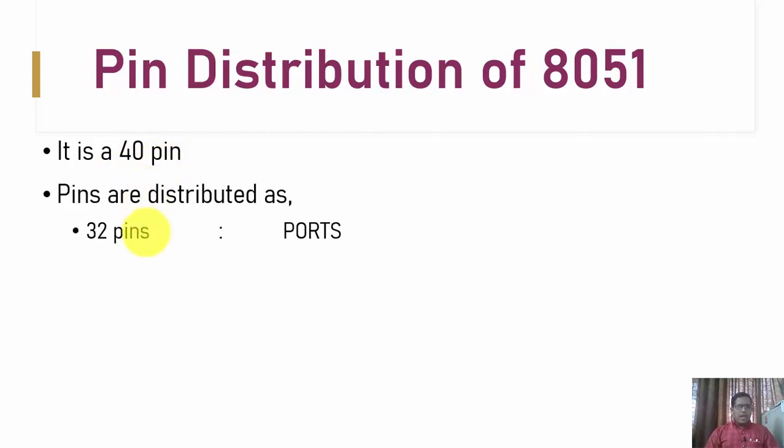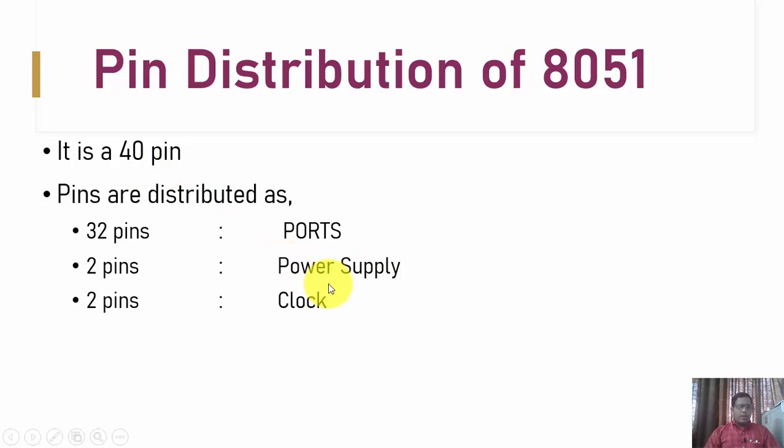Out of the available 40 pins, 32 pins are set aside as ports, namely port P0, P1, P2 and P3. Each port is again 8-bit wide. Two pins are dedicatedly used to fulfill the power supply requirement of the microcontroller.